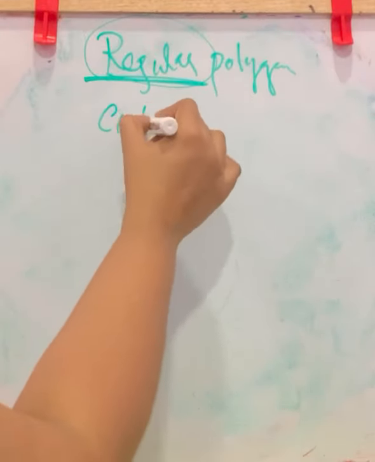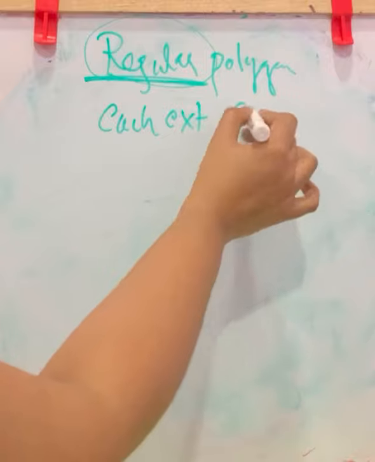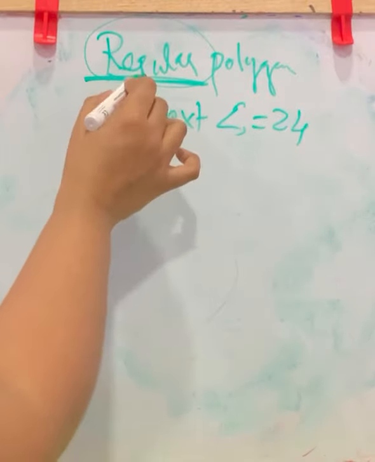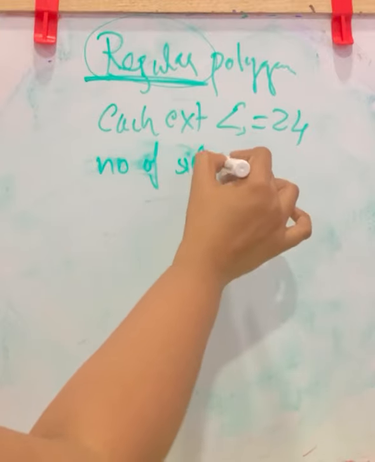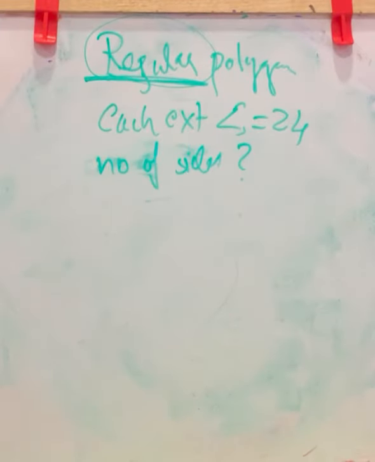Next question. How many sides does a regular polygon have if the measure of each exterior angle is 24? It is a regular polygon, and we have to find the number of sides. We don't know the number of sides.